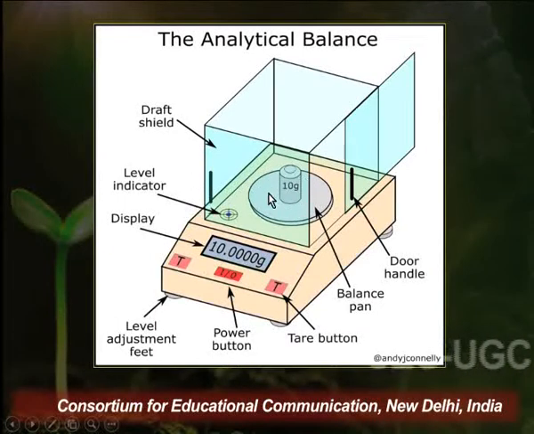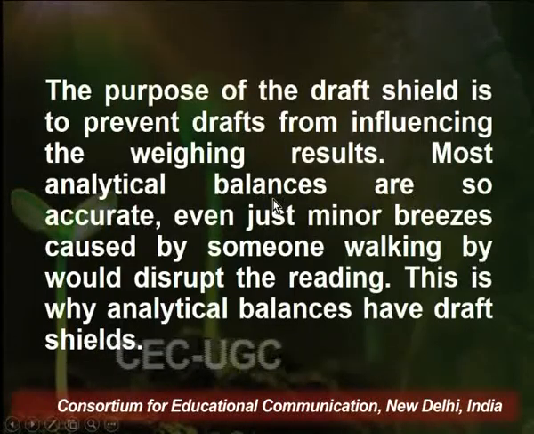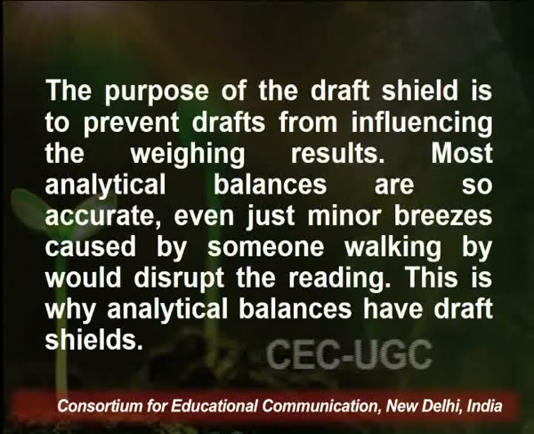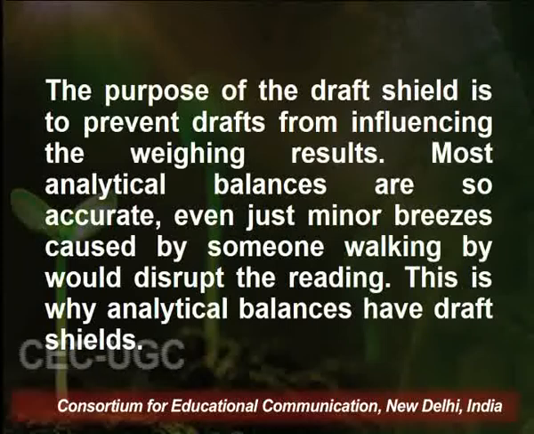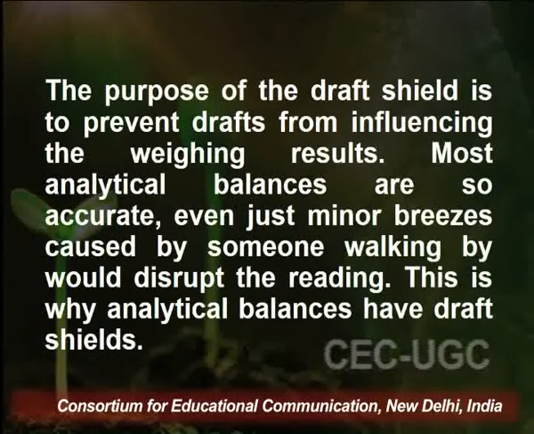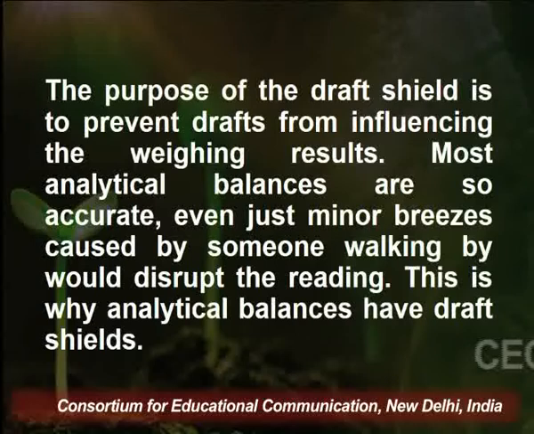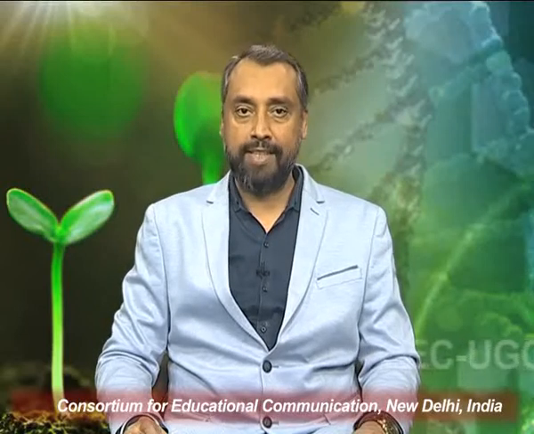By doing so, the weight is measured with much greater accuracy. The purpose of the draft shield is to prevent drafts from influencing the weighing results. Most analytical balances are so accurate that even minor breezes caused by someone walking by would disrupt the reading. This is why analytical balances have draft shields.